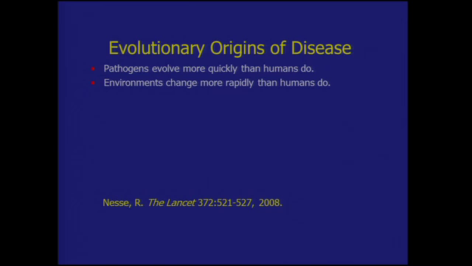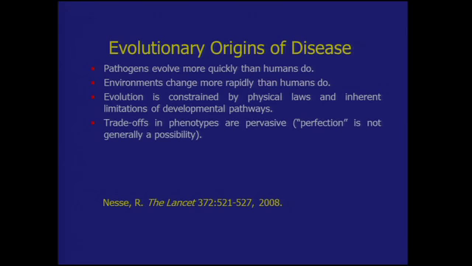Environments change more rapidly than humans do. Genotypes that now are ideal for living in an environment where you're short of food periodically are not necessarily ideal for living in an environment where you can walk into a supermarket and buy 1 million calories in a few minutes. Evolution is constrained by physical laws and inherent limitations of developmental pathways. Almost uniformly, there are trade-offs in phenotypes.